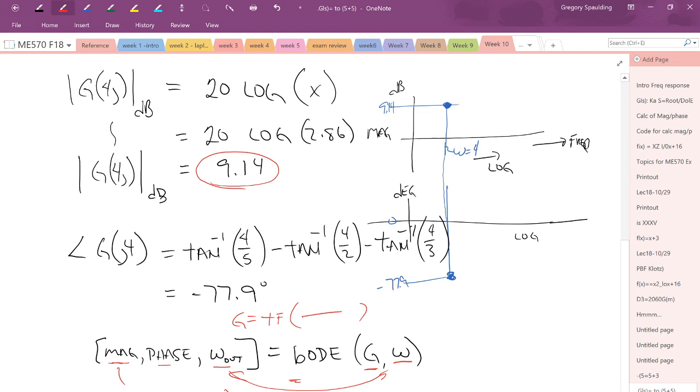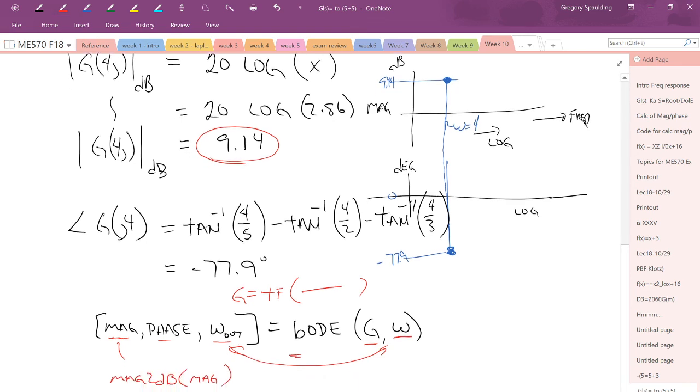So in this case the magnitude would go in here, and that would give you an output of the magnitude in dB, so you can check that against your answers.